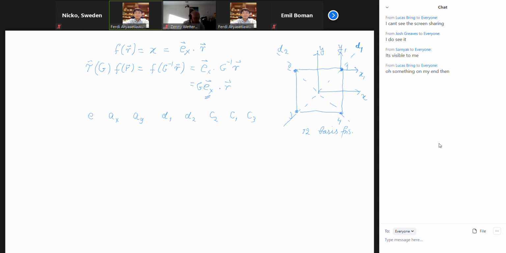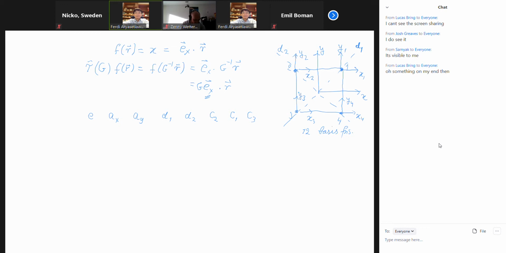Here we have x2 and y2. And of course, we also have z1 and z2 perpendicular to the plane. Yes. And here we have x3 and y3. It's a bit crowded here, but you can see. And we have x4 and y4, like that. So these are the local coordinates.